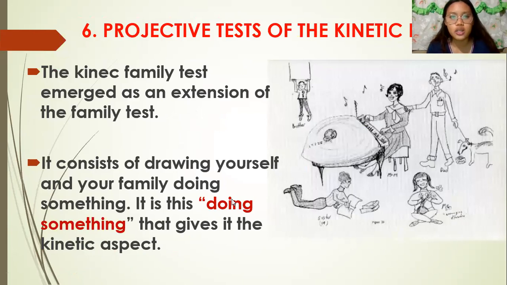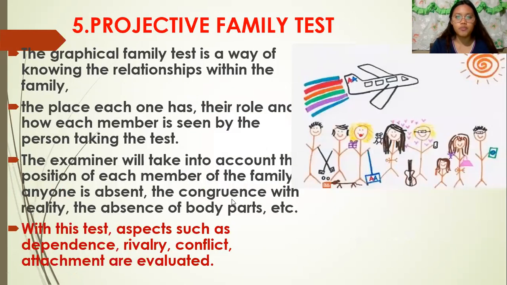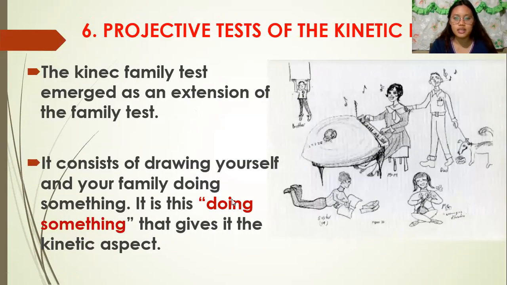Another one is the projective test of the kinetic family. So just the difference between the previous one, family test and kinetic family test, is that here, the person is going to draw what are their roles or what are they doing. So each member shall have something to do in that picture.